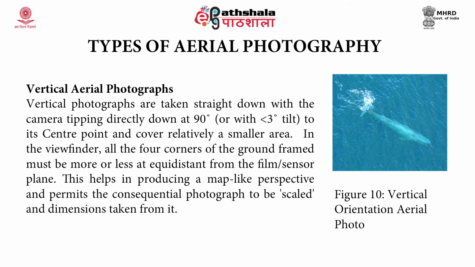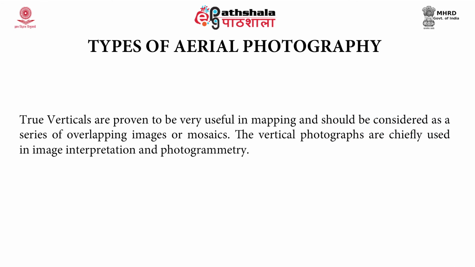This helps in producing a map-like perspective and permits the resulting photograph to be scaled and dimensions taken from it. True verticals are very useful in mapping and should be considered as a series of overlapping images or mosaics. The vertical photographs are chiefly used in image interpretation and photogrammetry.